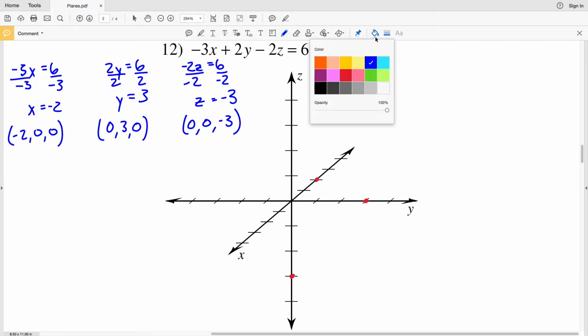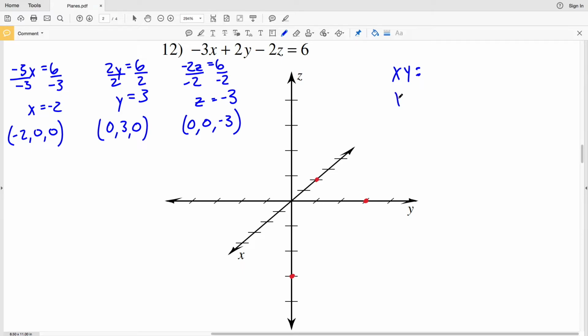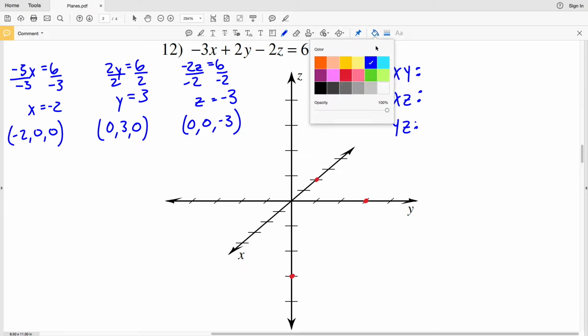Now it's time to work on our traces. We have the xy trace, the xz trace, and the yz trace, which are essentially the equations for the lines that connect those intercepts. We're going to find the line for the xy trace, which goes from the x-intercept to the y-intercept.